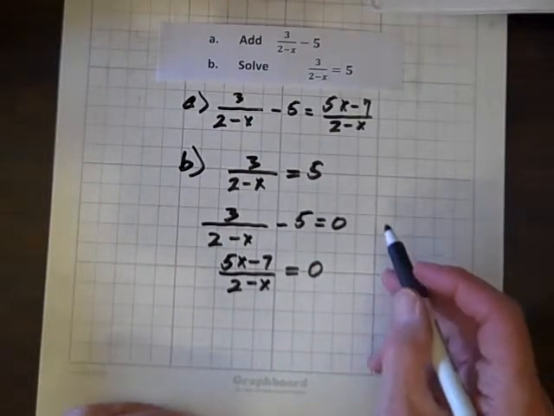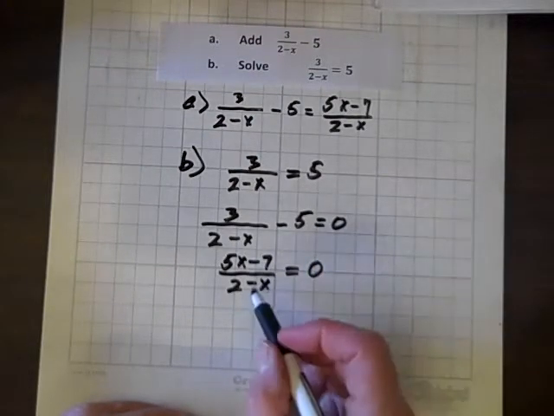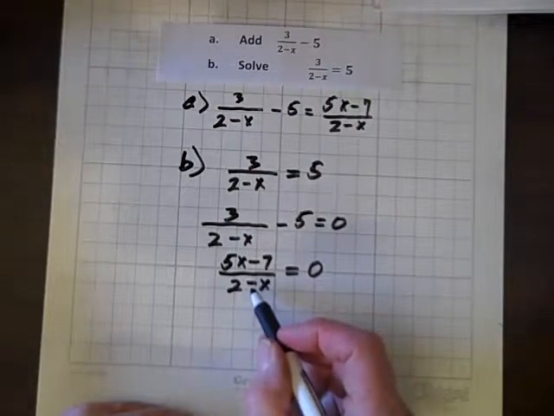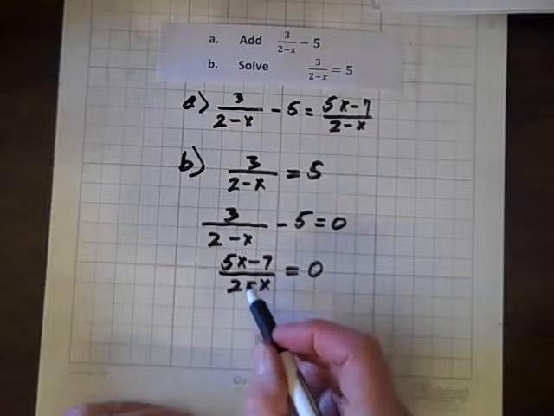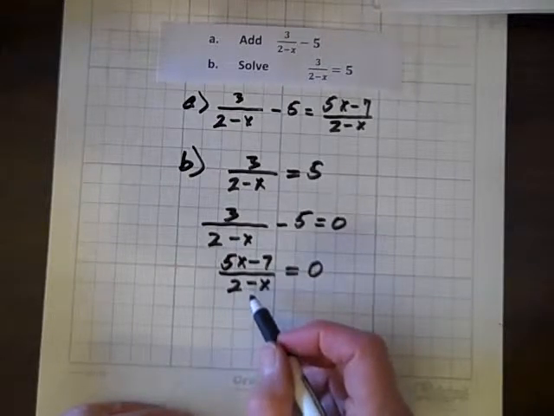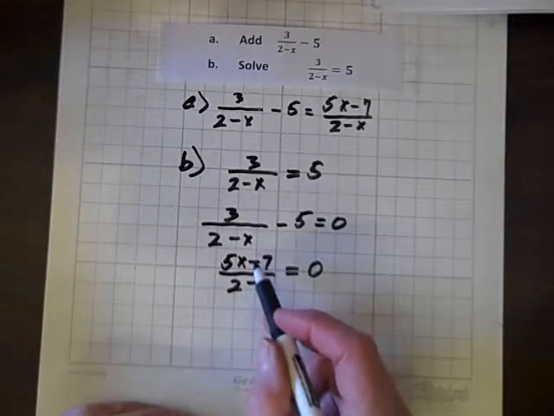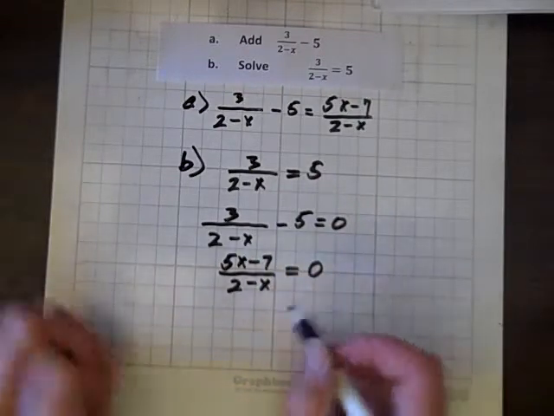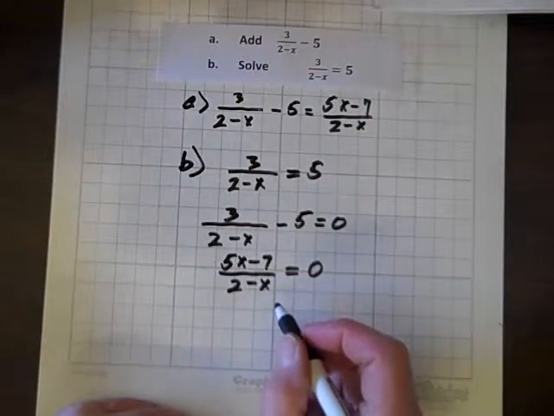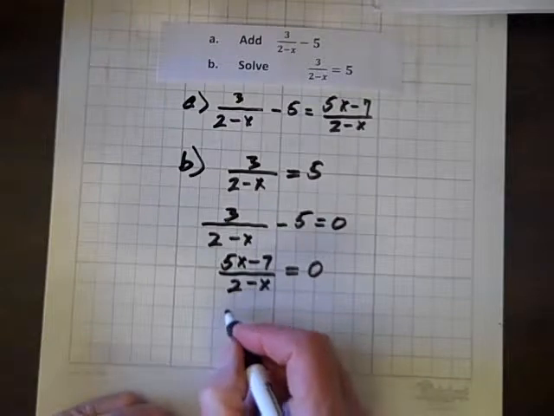Now, think about this. There is no way a denominator can take a fraction to 0. The only position that can take a fraction to 0 is the numerator. So let's set that numerator equal to 0 and solve.